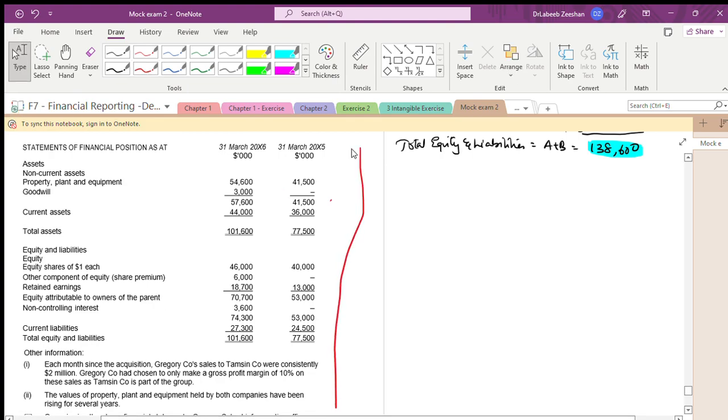Is that point number C? 20 shares for $100.